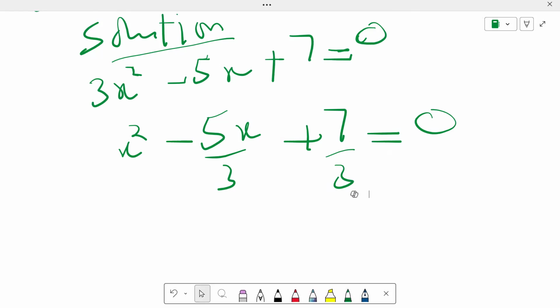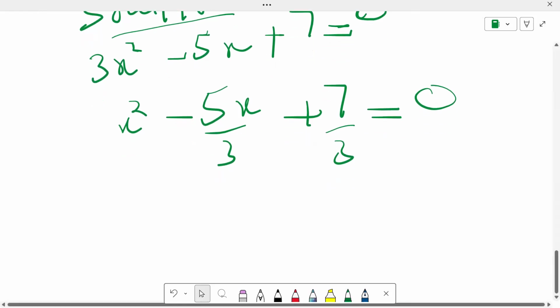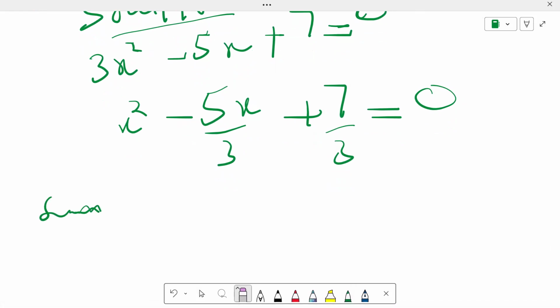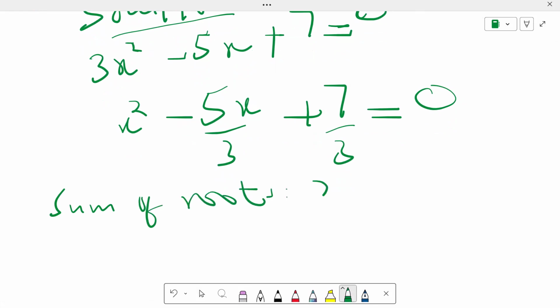So, let's just find our sum of roots. Sum of roots will be alpha plus beta.